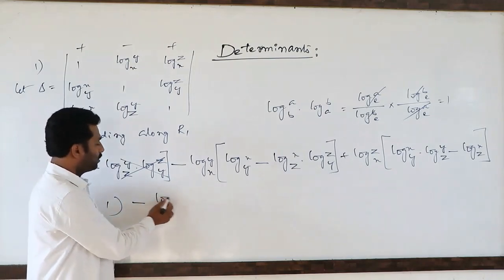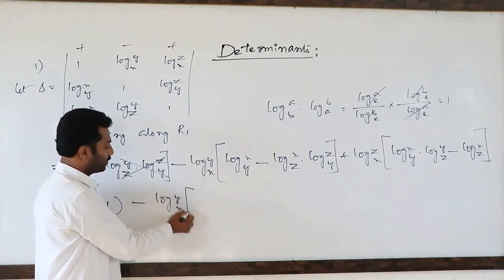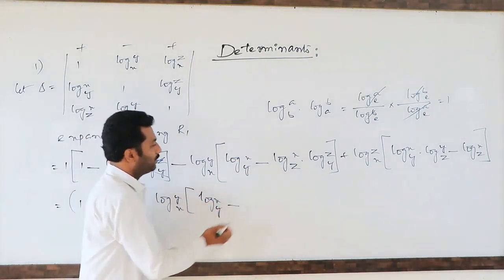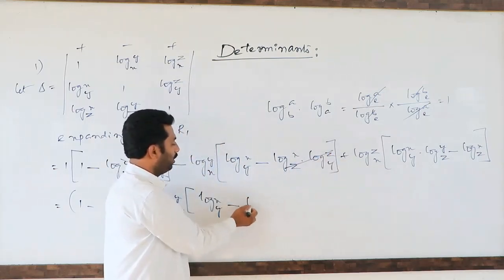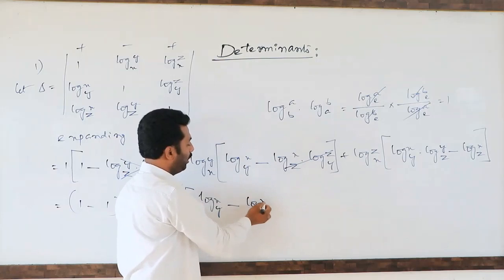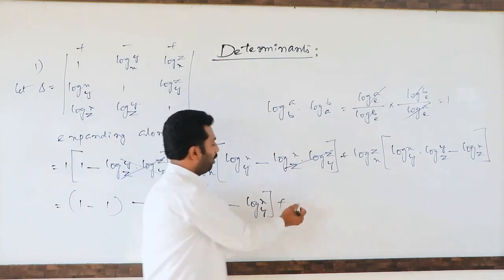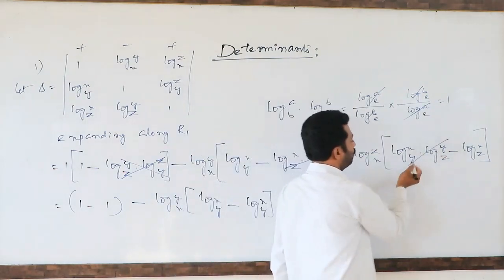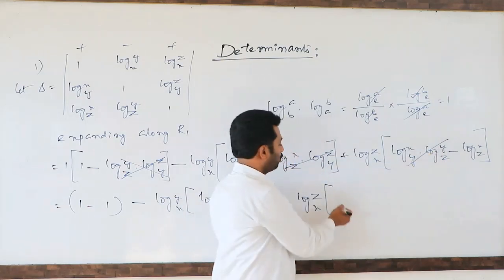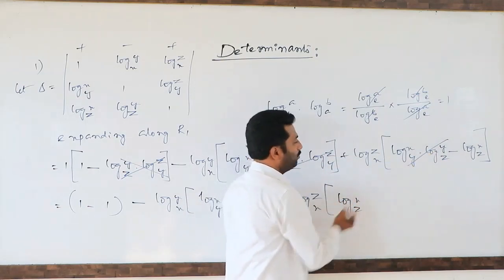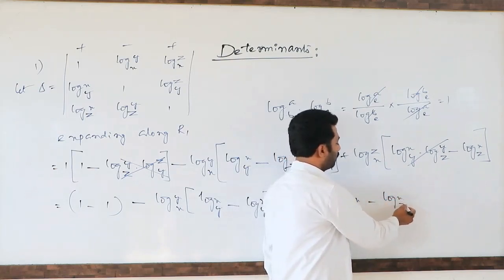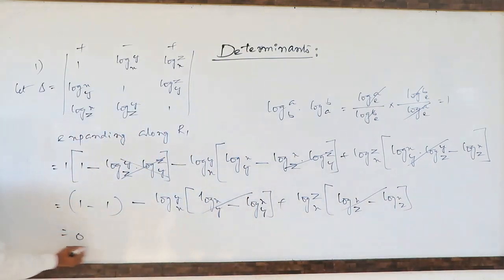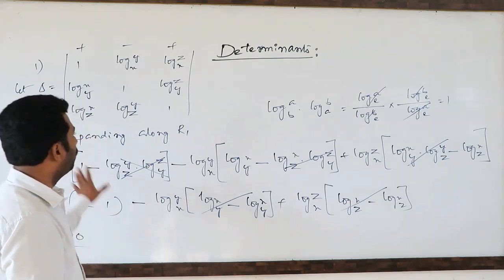Next, minus log y base x into log x base y, where z cancels. Then what is left is log x base y, and plus log z base x, where y cancels. So we can write log x base z minus log x base z. So this is 0, this is 0, this is 0. So the answer will be 0. Like that we have to answer this question.